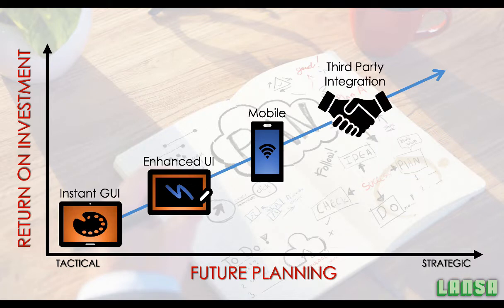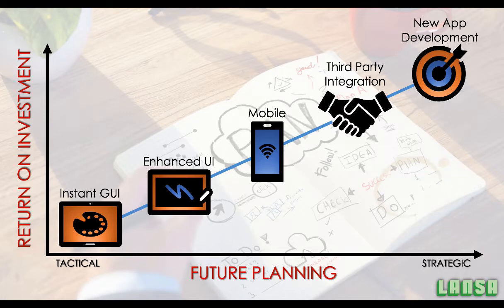Up next is third-party integration, and I'm not talking about simple things like generating a PDF or launching Google Maps. I'm talking about true application-to-application integration where systems are now communicating and they're sharing processes and information. And last, we have new application development because there will be situations where refacing is just not enough.